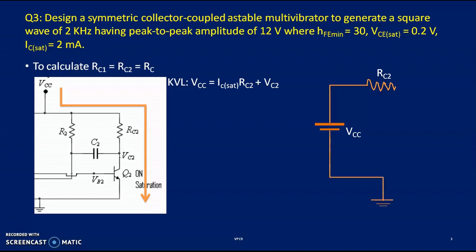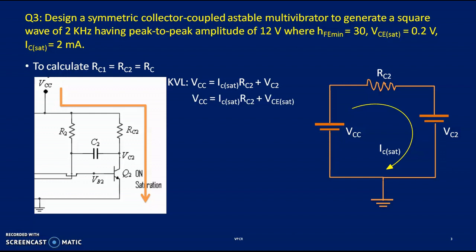Now the RC2 second terminal is connected to this VC2, which is nothing but the voltage between collector and emitter. The emitter is already connected to ground, so I am connecting the negative terminal of VC2 to the ground. So now you have the loop. The arrow direction you see at the left side is that loop. In order to understand the right side, I have given you a loop. Now we have a current flowing in this loop, that is IC sat. This is how we got that KVL equation.